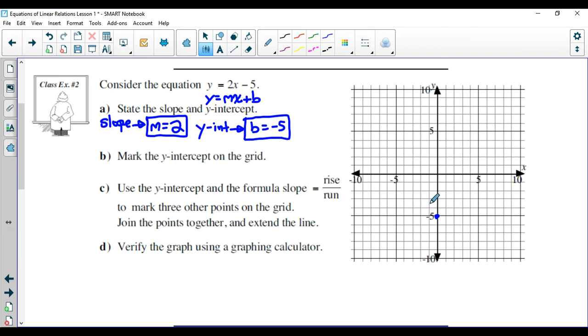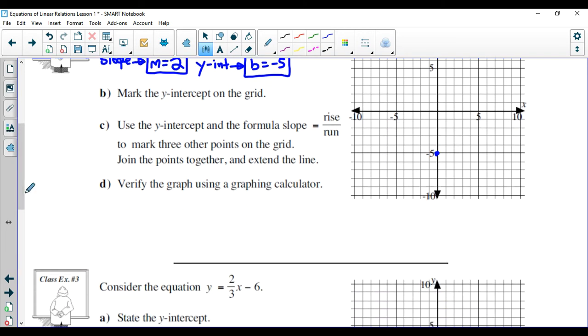We're going to try to graph this by hand, and here's how I would do it. I'm going to write down a list of steps to plot this. Starting at the y-intercept, which in this case is the point (0, negative 5), I want to plot a second point.